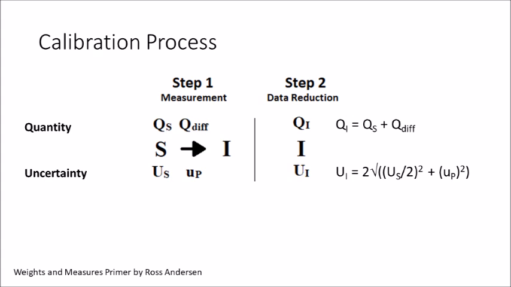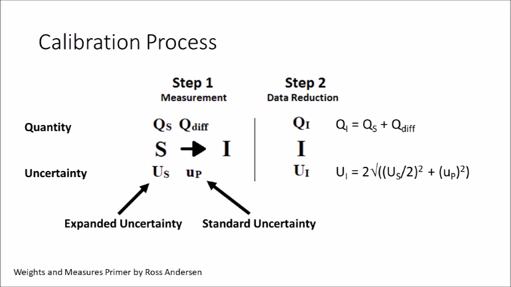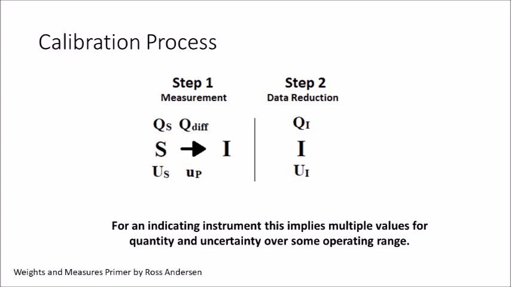The uncertainty is produced by the root sum square method. There are two kinds of uncertainties in step 1. There's an expanded uncertainty associated with the standard and a standard uncertainty associated with the measurement process. And what we have to do is put them all in terms of standard uncertainties. So we divide the expanded uncertainty by 2, then we combine them, and then we multiply the total again by 2 to get an expanded uncertainty.